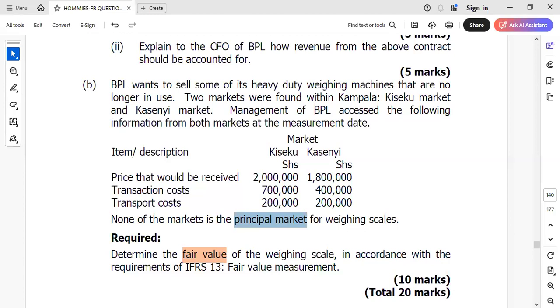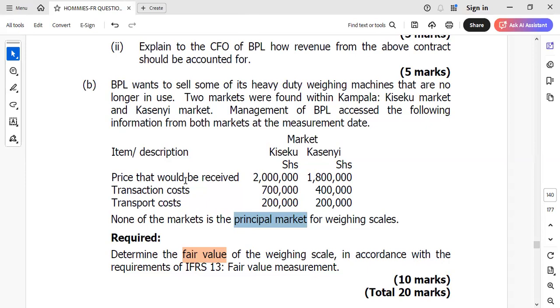So in a situation where you don't have the principal market, as I said, the principal market is that market where that asset is being transacted with the highest volume.